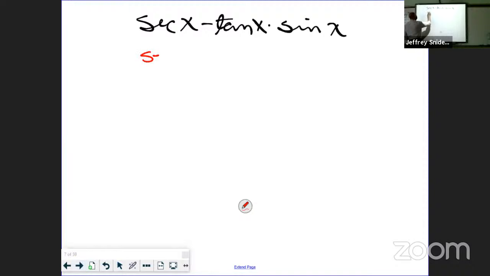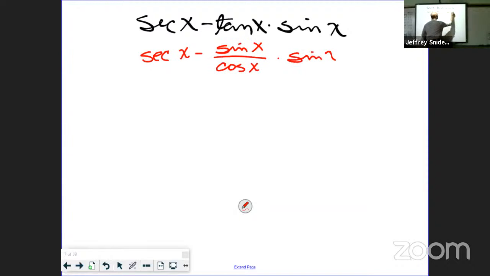So I've got secant x minus sine x over cosine x times sine x. Let's not replace, let's just simplify that. Secant x minus what?